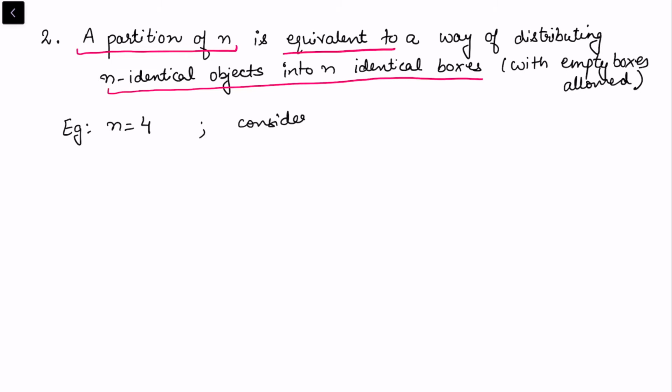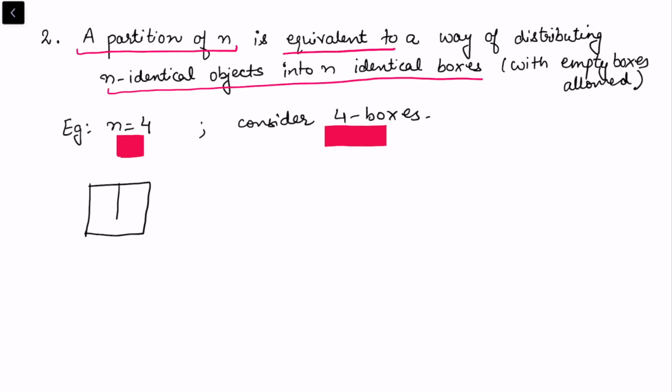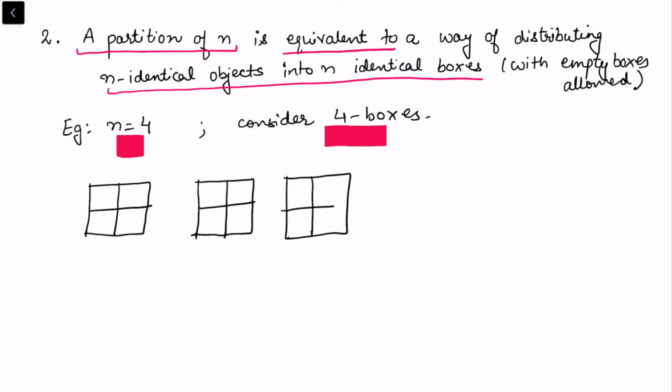So we have a total of n objects, which is 4, and we consider the same number of identical boxes. These are the 4 boxes, and we need to know how many partitions there are.